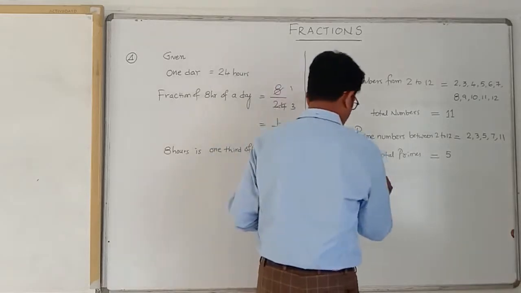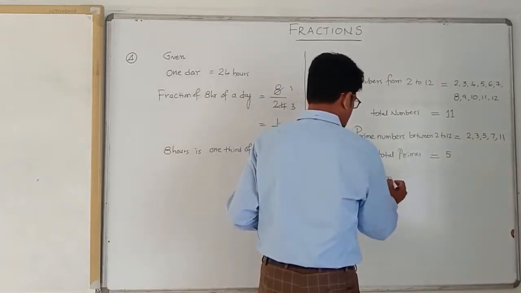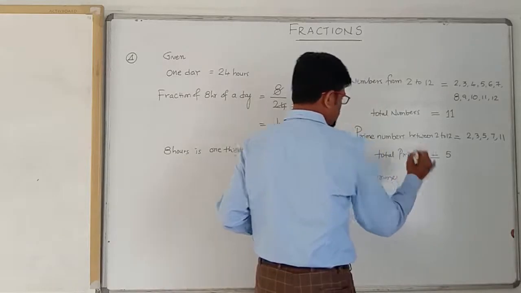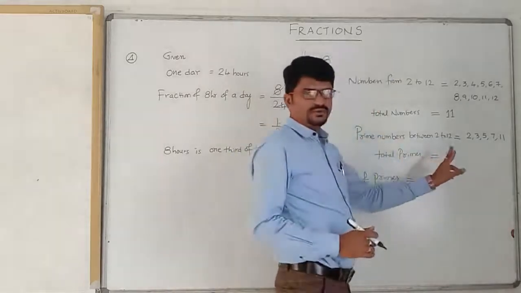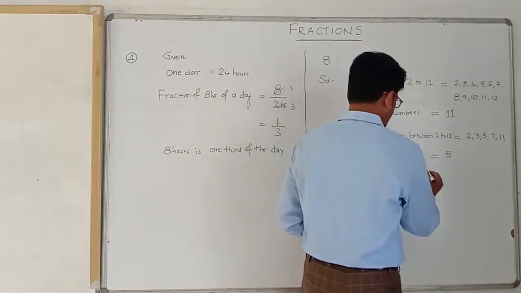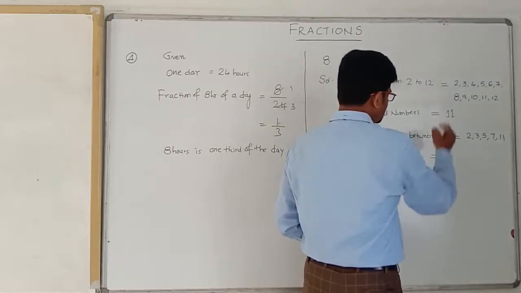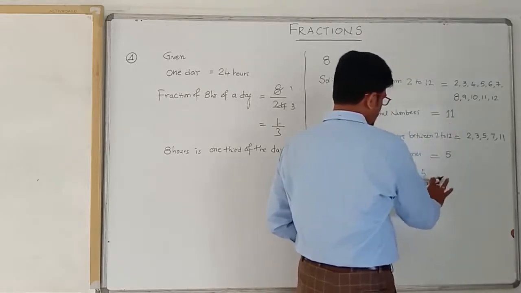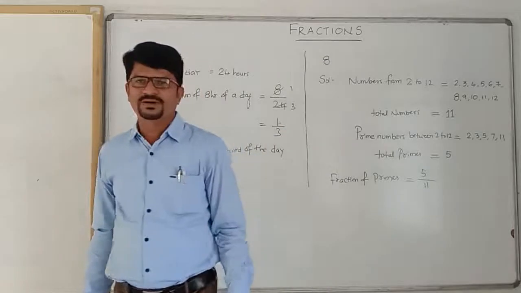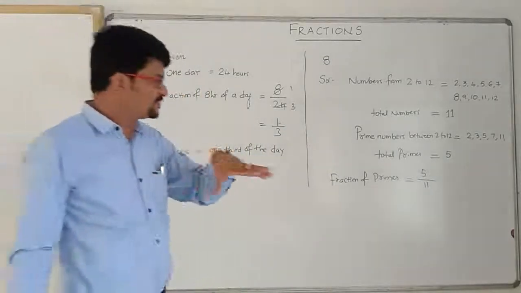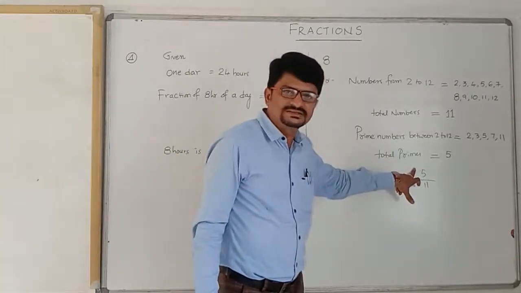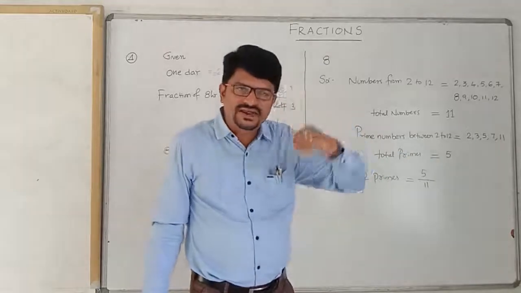Therefore, the fraction of primes. How many prime numbers are there? 5. How many total numbers are there? 11. Therefore, we get 5 by 11. Here, I already told you, the numerator reflects what we are finding the fraction for.